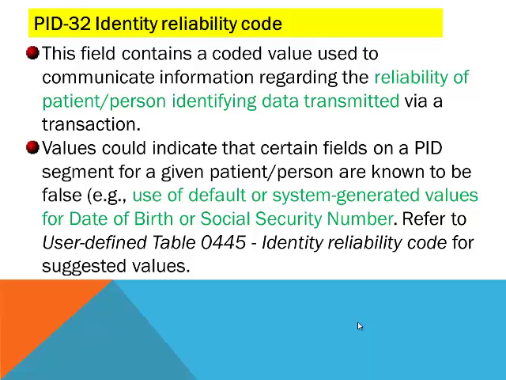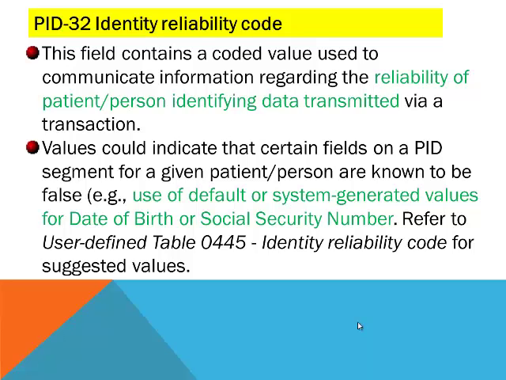Sometimes when the nurse fills in some numbers, for example, the date of birth or social security number, they don't want to enter the real number. They just use some default number or use a program to generate some number, and then put it there. Definitely, this number is not a reliable number. It's a false number. So in this case, we can use the PID 32 field information to identify it.